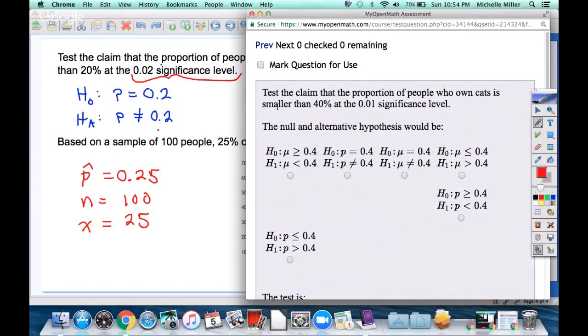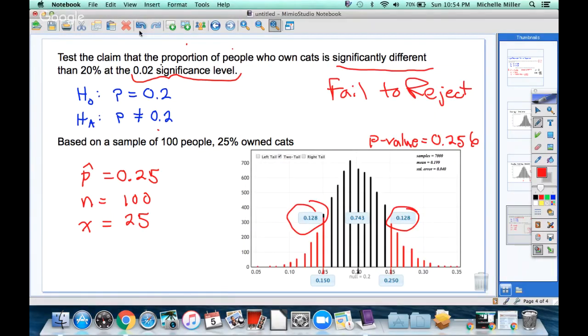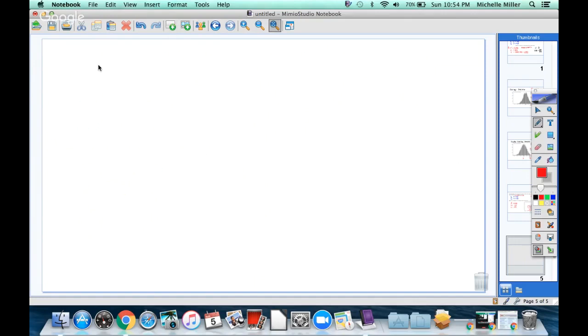So since we're going for smaller than, let's get a new screen, then we're going to go with an alternative hypothesis that the population proportion is less than 0.4. So the null hypothesis could either be that p is equal to 0.4 or p is greater than or equal to 0.4, 40%. So you go with either of those.